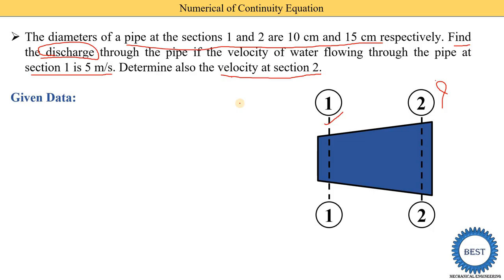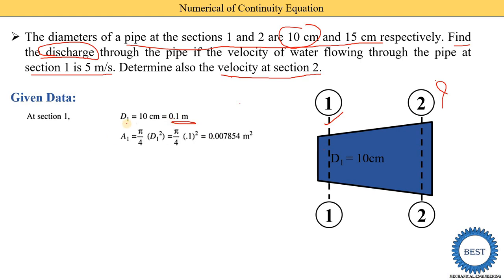So first we mention the given data here. First, diameter D1 is given, that is 10 centimeters. We also mention in this image D1 is equal to 10 centimeters, and 10 centimeters is converted into meters, means 10 divided by 100, then we get the answer in meters, it is 0.1 meter. From the diameter we find out the area.